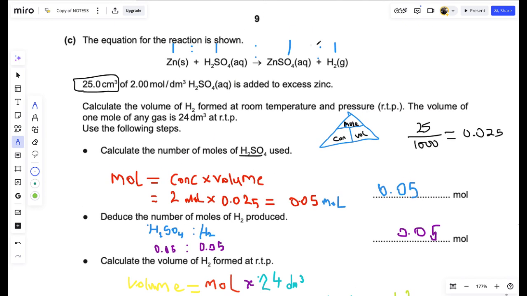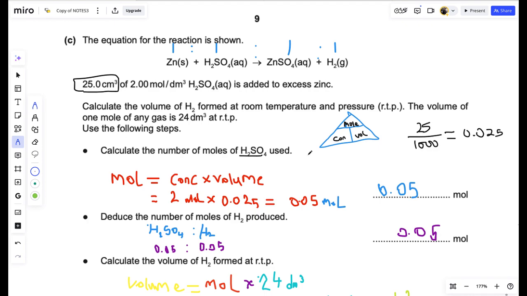You see they all have 1 molar ratio, so the mole of this will be same as the mole of this, same as the mole of this. Why? Because they have the same molar ratio. If here was, for example, 2, and the mole of this is 0.05, you multiply this 0.05 with 2 in order to get the mole of this one. Okay? So this is how the game works.